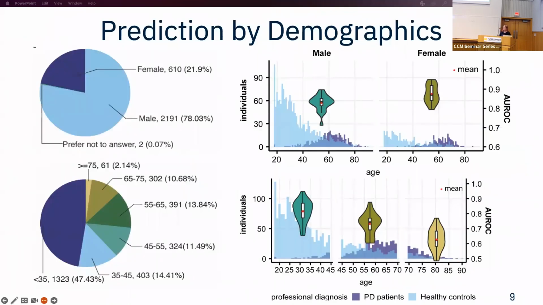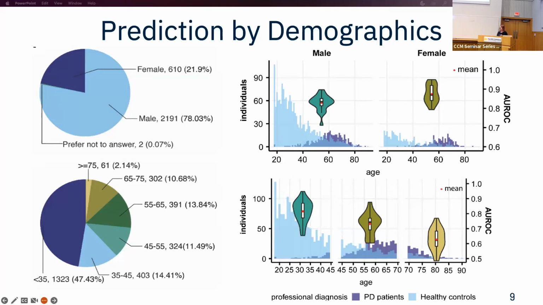So we did some interesting downstream analysis using our machine learning model. In this part, we made our prediction by demographics. We have to point out that because our data set was totally crowdsourced from a phone app, there are apparent biases in terms of gender and age.